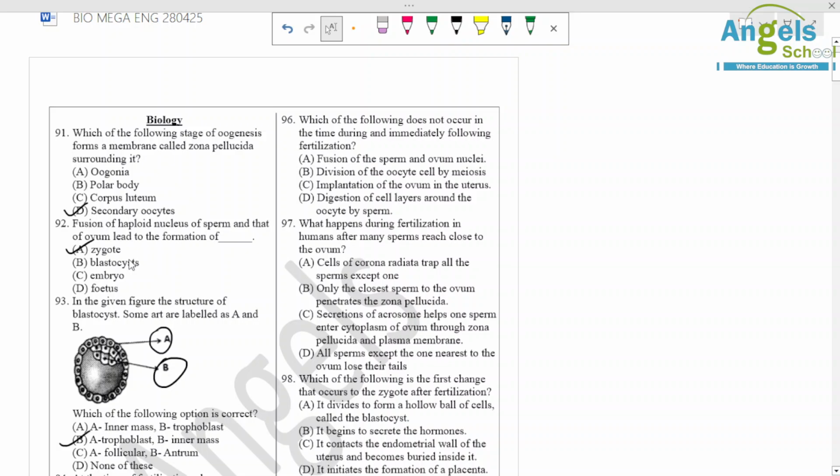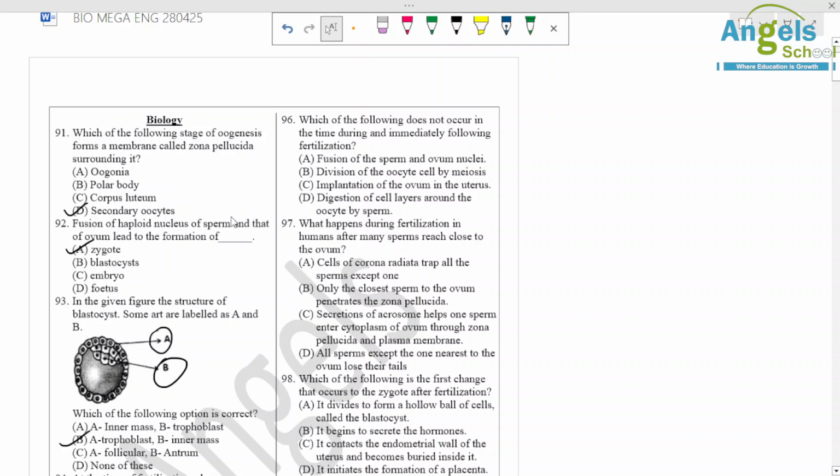In question number 96, which of the following does not occur during and immediately following fertilization? Fusion of sperm and ovum nuclei happens during fertilization. We have to find which does not occur.